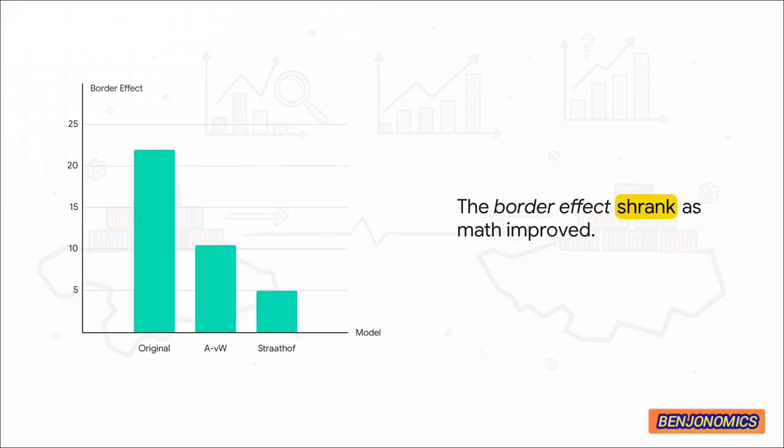In 2008, economist Bas Strothoff looked at their nonlinear math and realized, hey, this can actually be solved analytically with exact log-linear equations. By dropping the need for a rough approximation, Strothoff shrank the supposed Canadian border effect even further down to just a factor of 5. So the invisible wall was definitely shrinking, but it was still there.